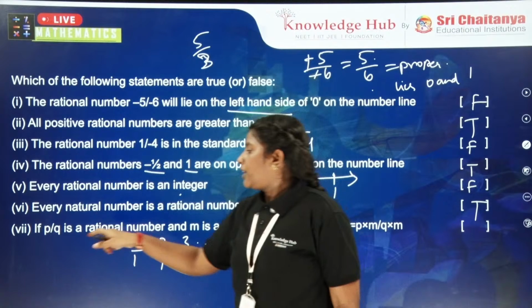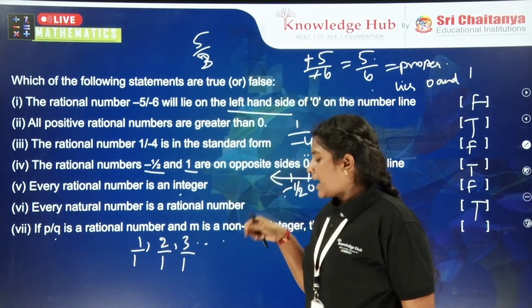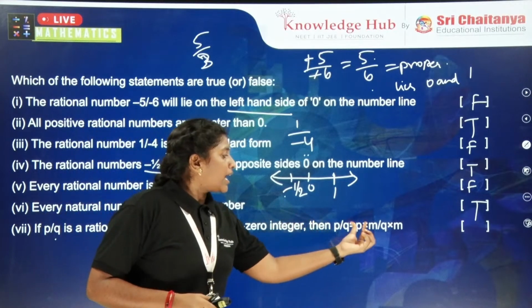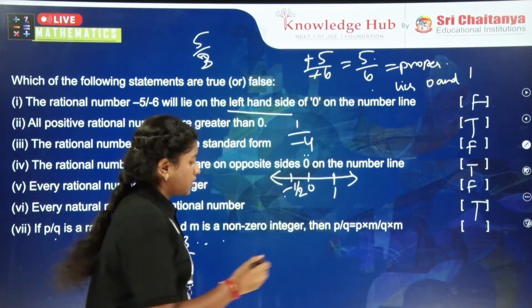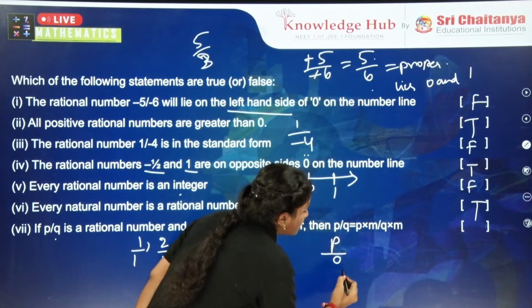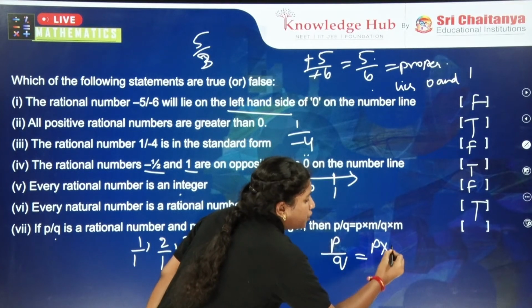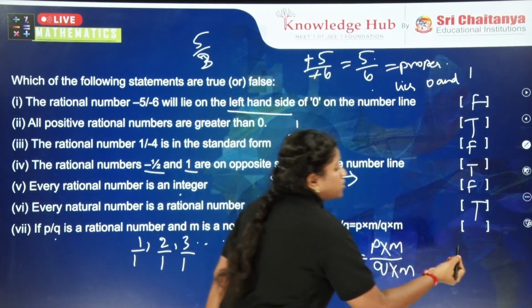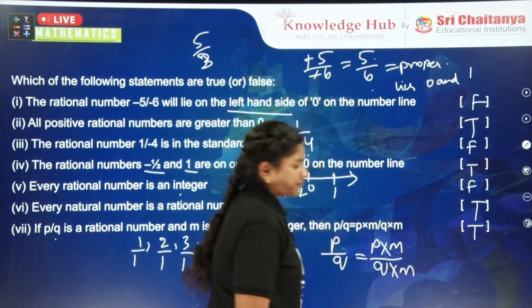Now moving to the next one, if p by q is a rational number and m is a non-zero integer, then p by q can be represented as p into m by q into m, which is nothing but true.